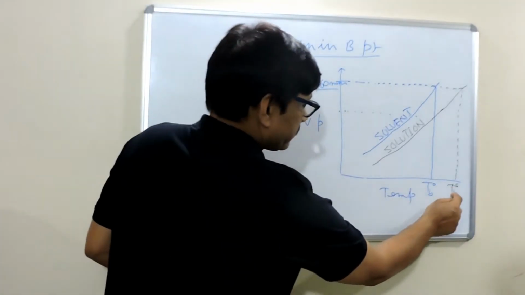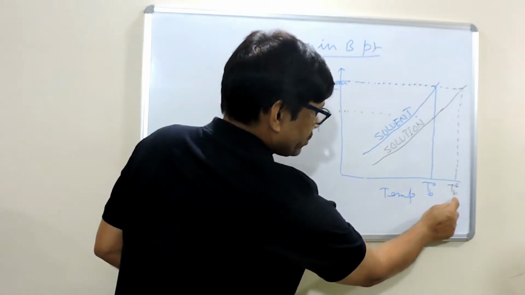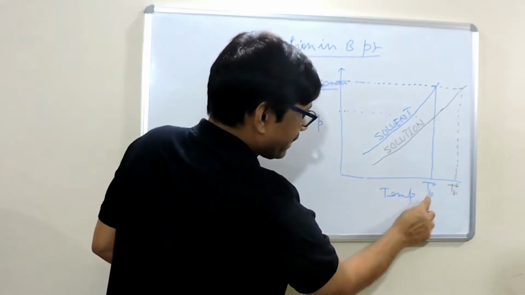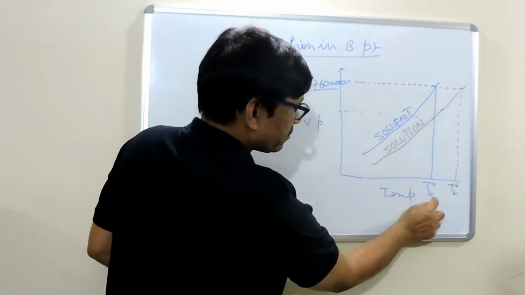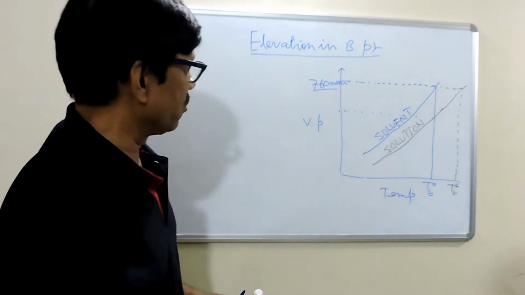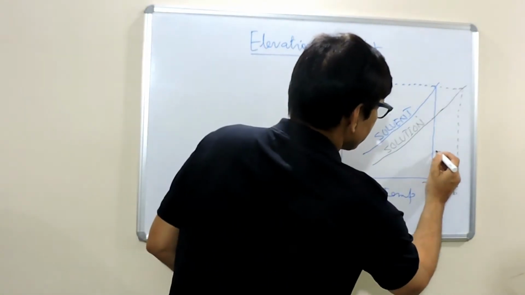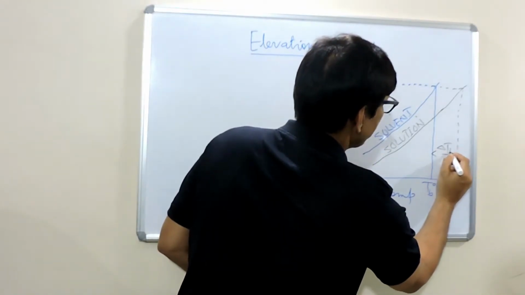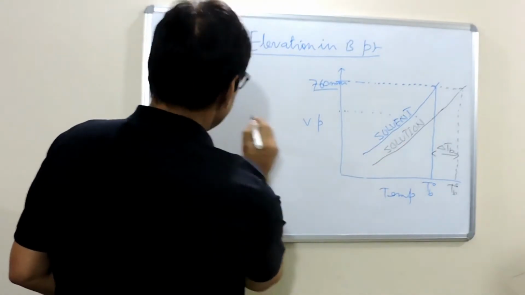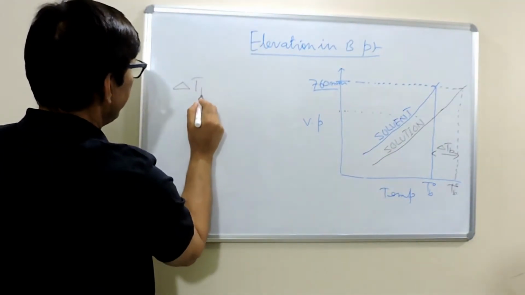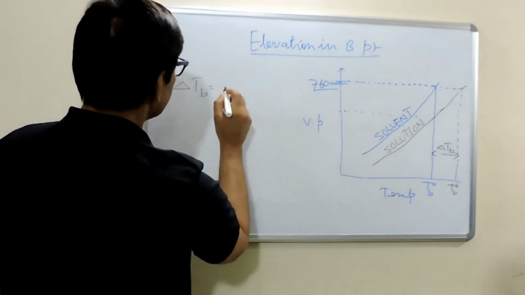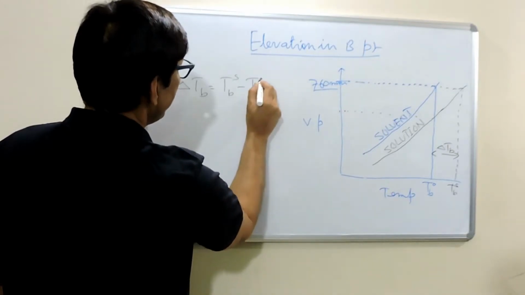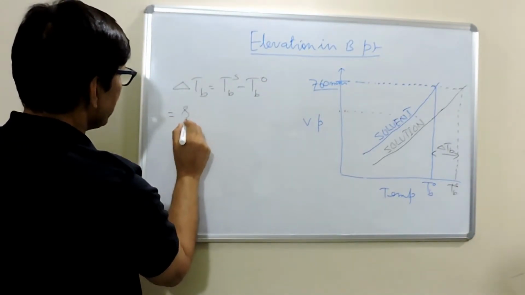So boiling point of solution, TBS, where S stands for solution, is higher than the boiling point of the pure solvent, TB naught. And this difference, that is delta TB, is equal to TBS minus TB naught, and this is elevation in boiling point.